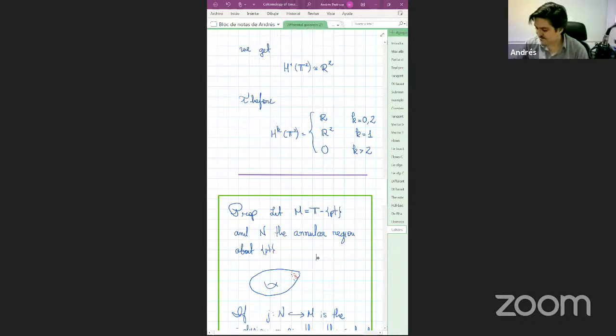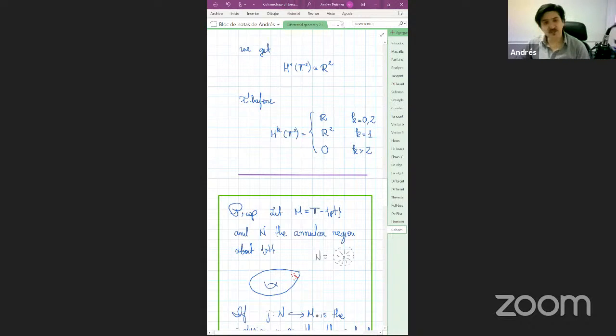Right, so N is something like this. It's like a disk, but I'm removing one point of the interior. That corresponds to the point that is removed from the torus.